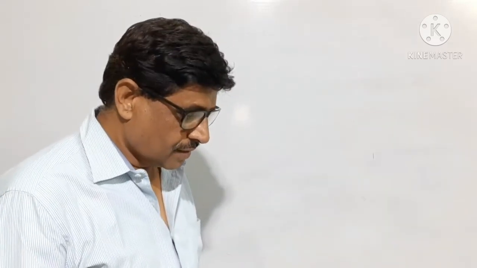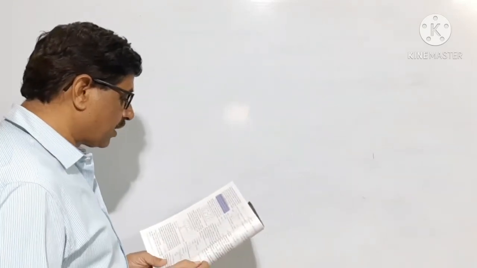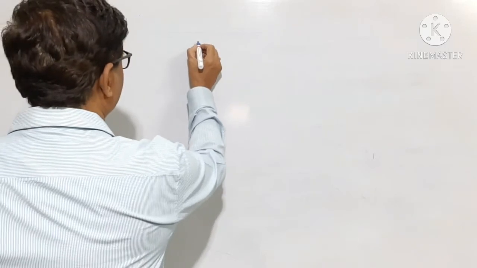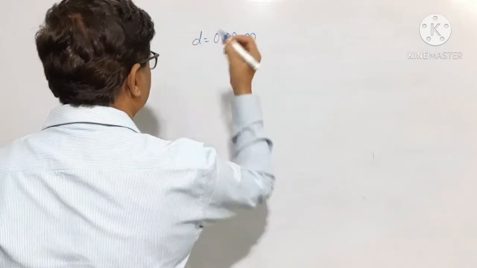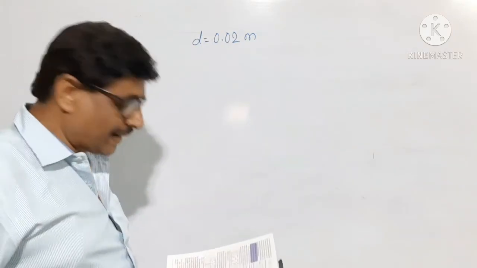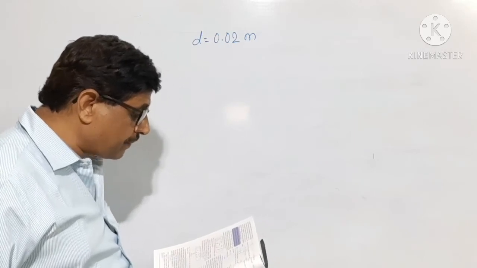Here the numerical is like this: a metallic wire of diameter 0.02 meter. The diameter of the metallic wire is 0.02 meter. It contains 10 to the power 28 free electrons per cubic meter.